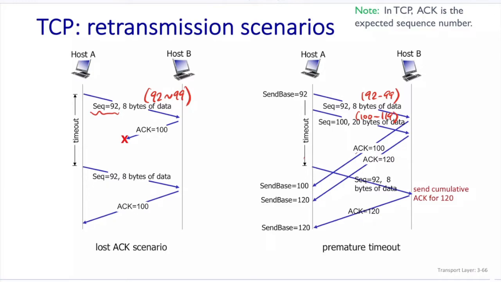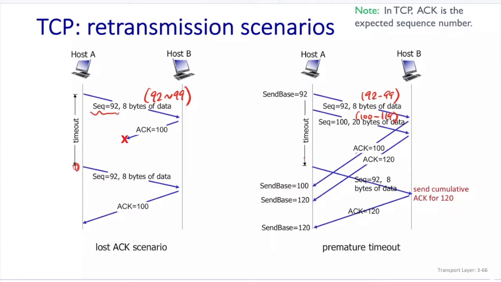When the packet arrives at host B, host B sends ACK 100 back to the sender, because it expects the next sequence number to be 100, as it has already received all the data before 100. If this ACK gets lost, the timer times out and the sender retransmits the packet with sequence number 92, including exactly the same 8 bytes of data, and so on.